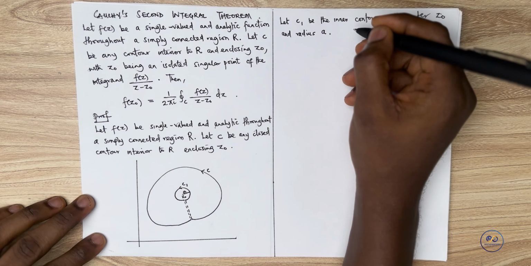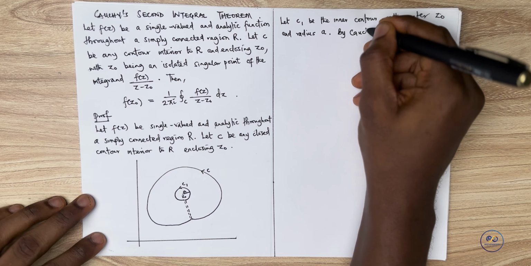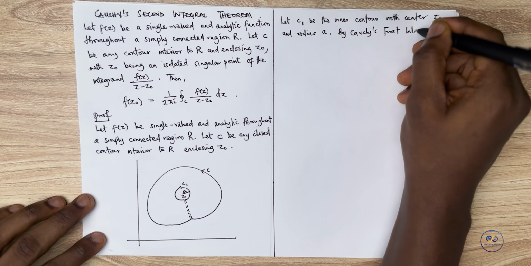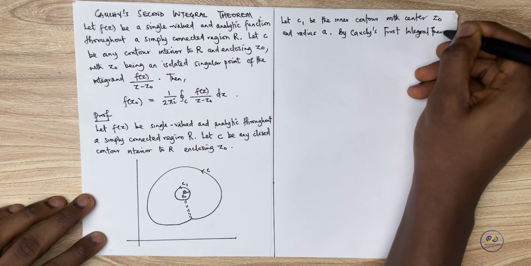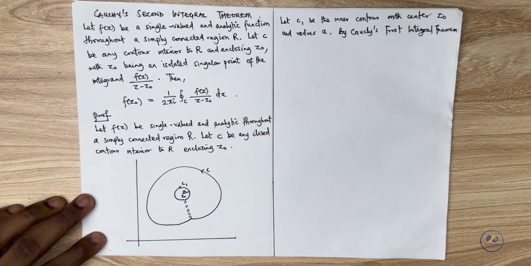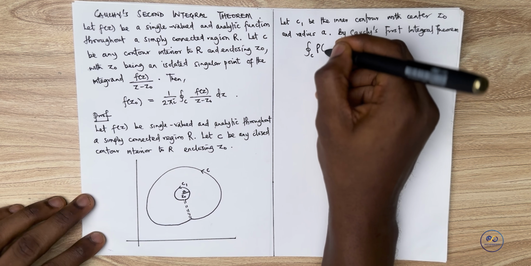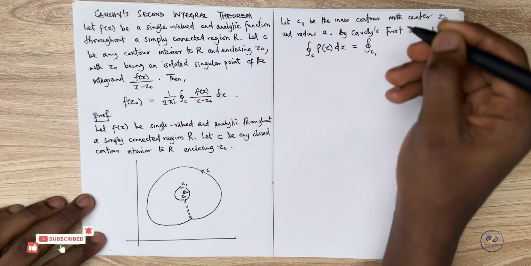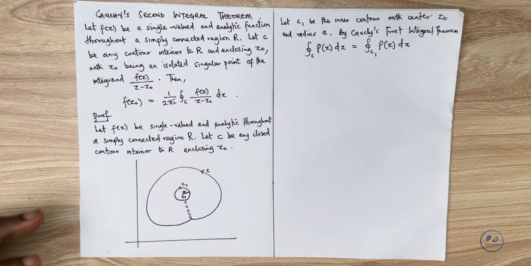Of course, do not forget that by Cauchy's first integral theorem, where we have already said that all the first derivatives are continuous, since we have created a simply connected region now, we know that the integral over C of rho of Z dZ would be equal to the integral over C1, which is the newly created contour, on that same function, rho of Z.